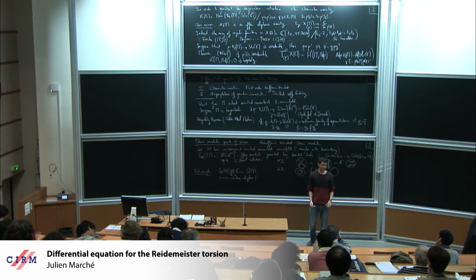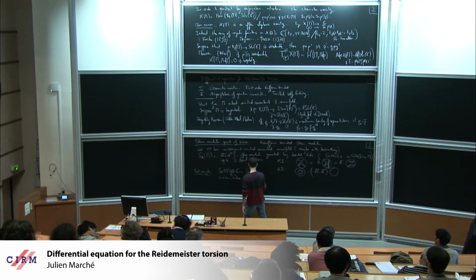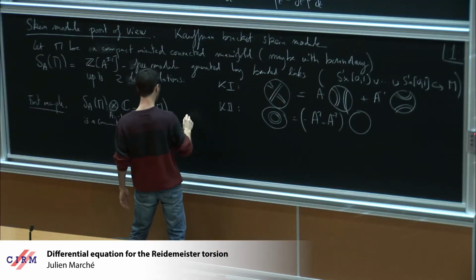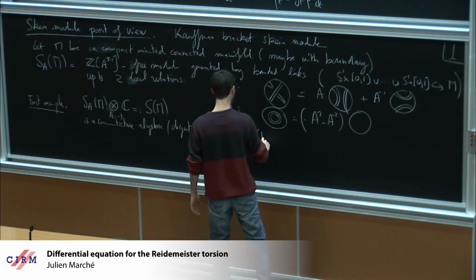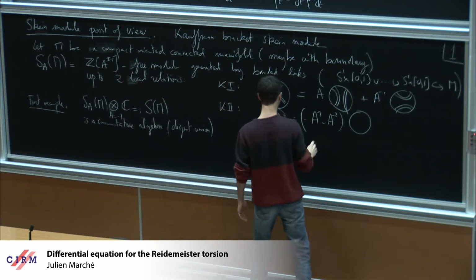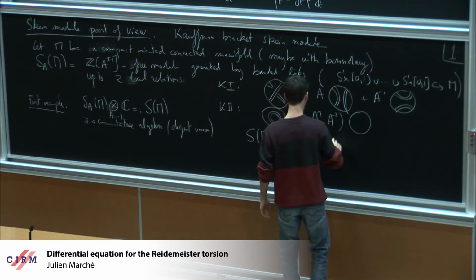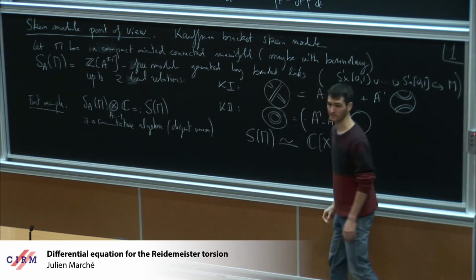That's easy to prove once you know what the algebra of trace functions is. And the point is that S of M is isomorphic to the algebra of regular functions on the character variety.